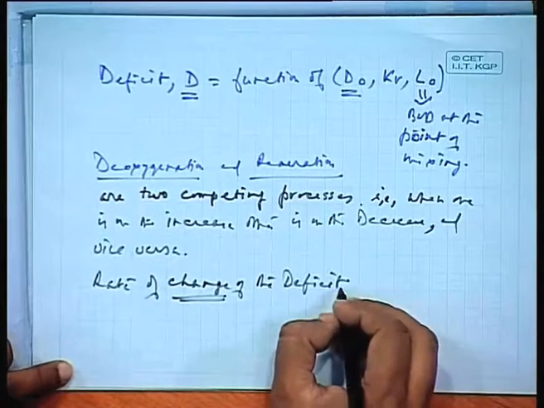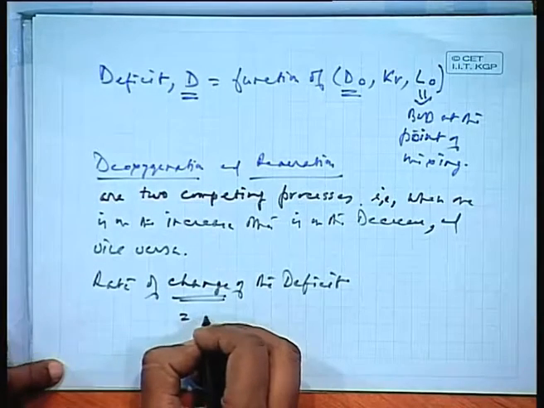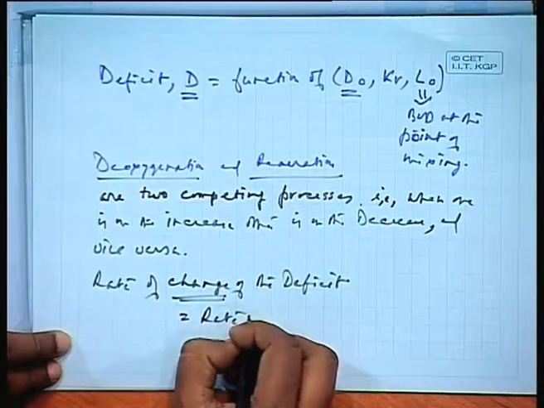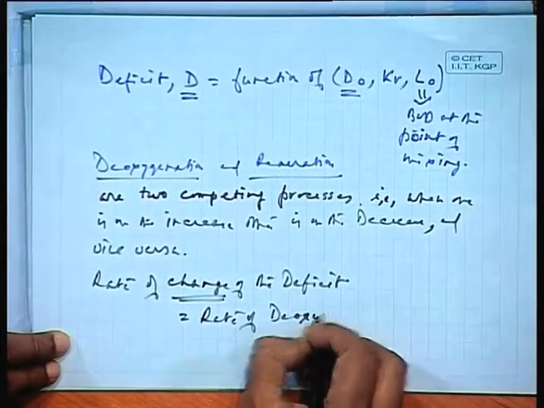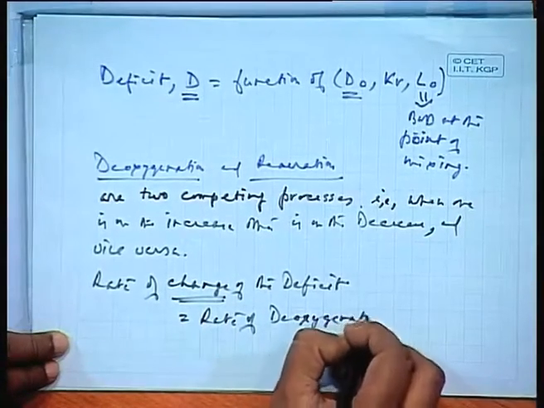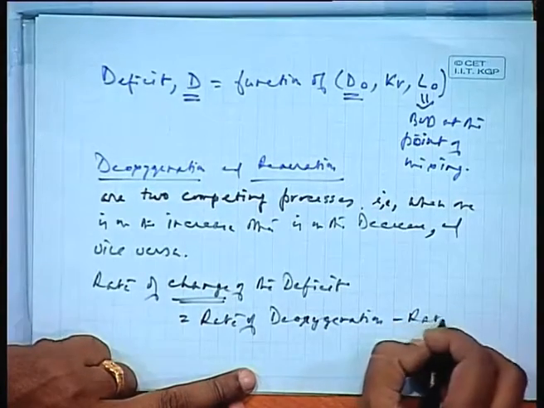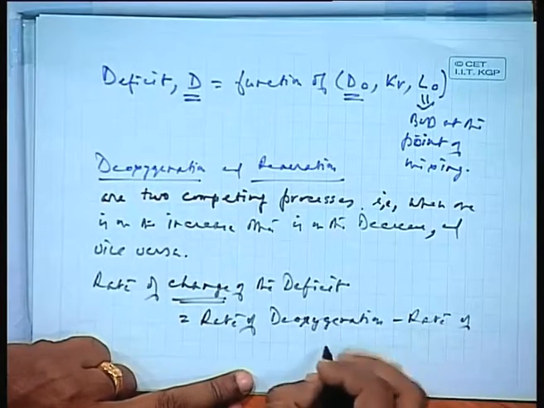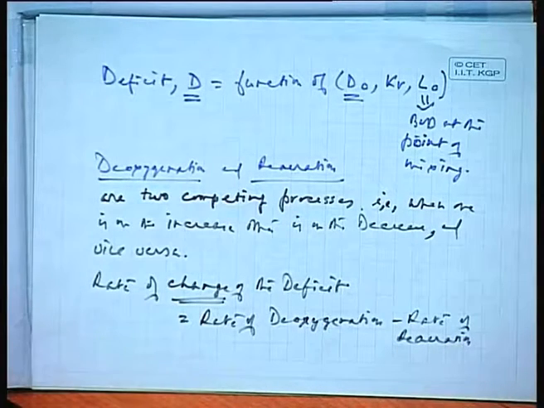So here we should write: rate of change of the deficit is rate of deoxygenation minus rate of reaeration.